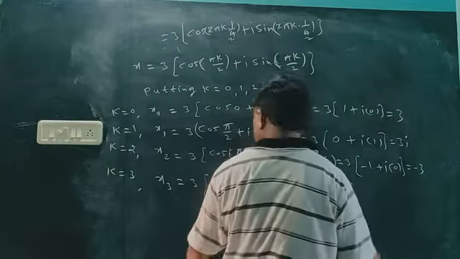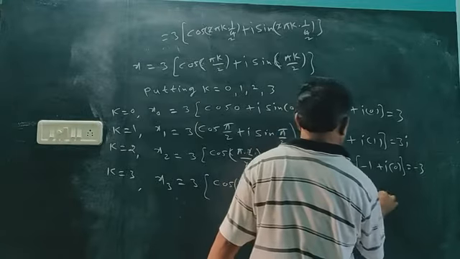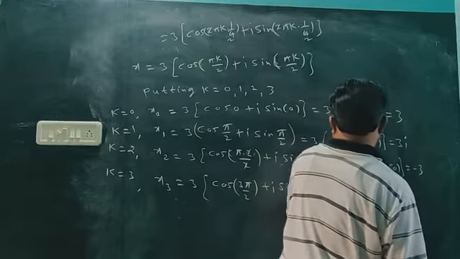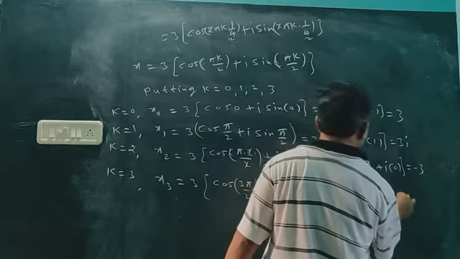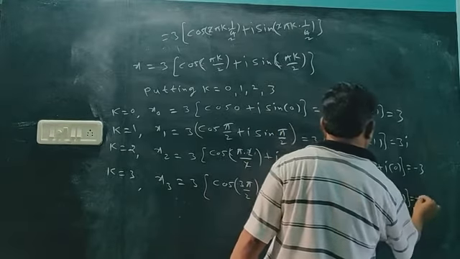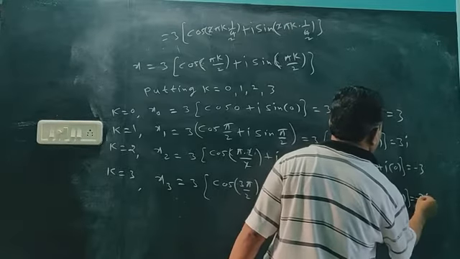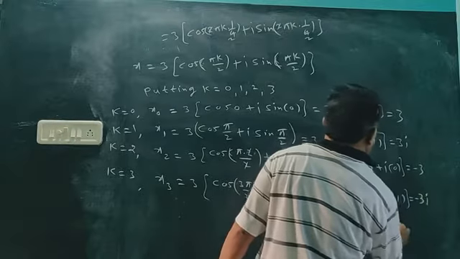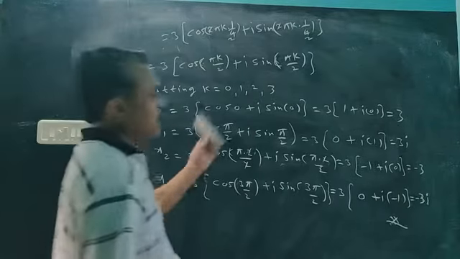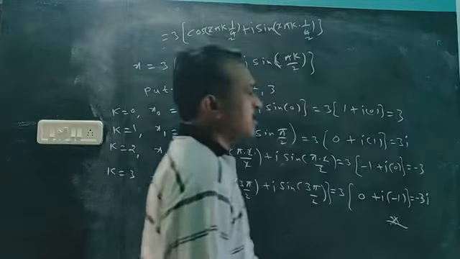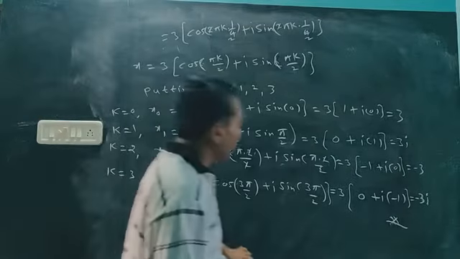So cos 270 is 0, sin 270 is minus 1. So this is minus 3i. So these are the 4 answers: 3, minus 3, 3i, minus 3i. These are the 4 roots of 81.